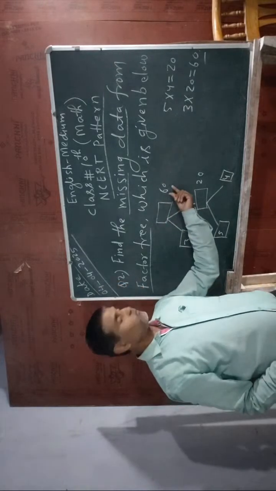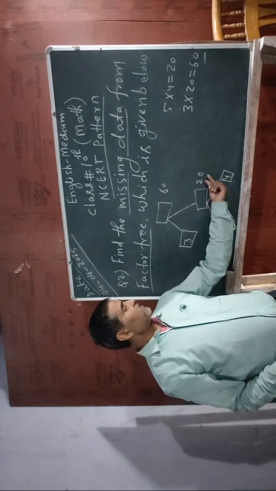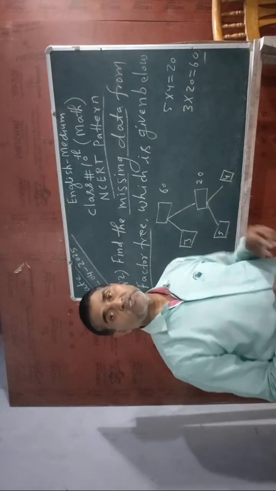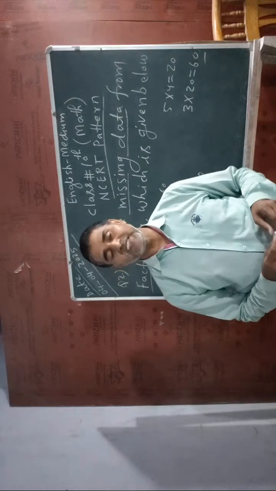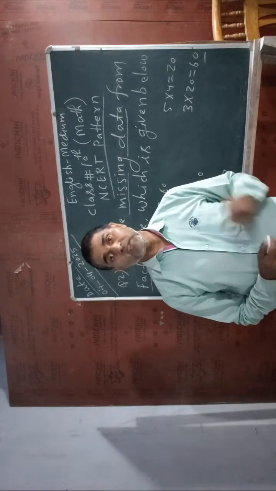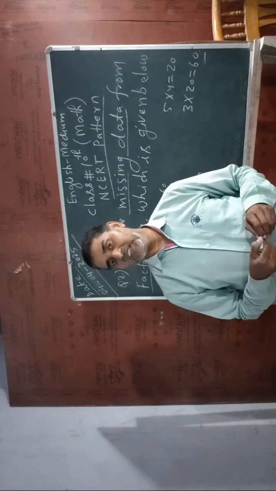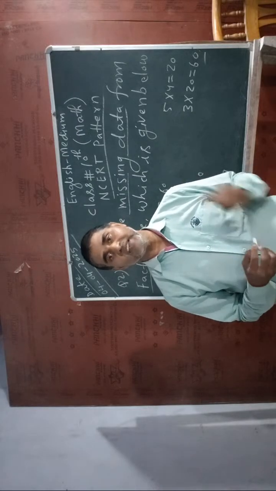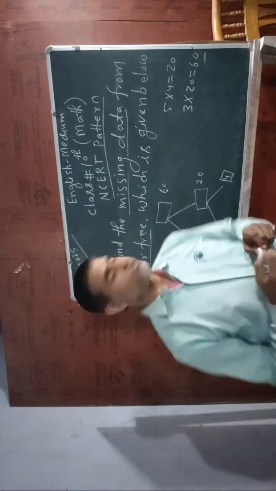So one missing value is 60 and the other missing value is 20. Such questions also come in competitive exams, and if students know how to use the factor tree, they can easily evaluate and solve competitive exam questions also.